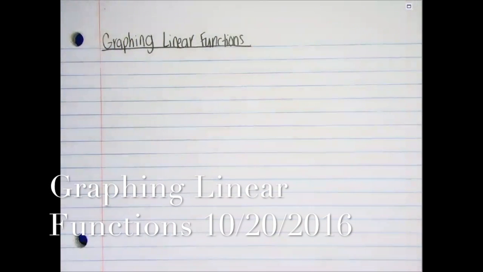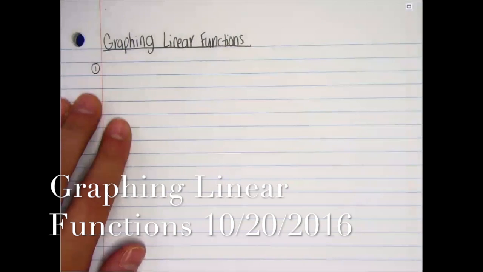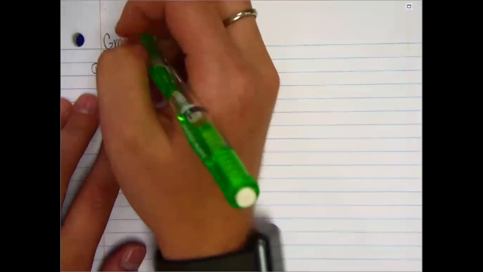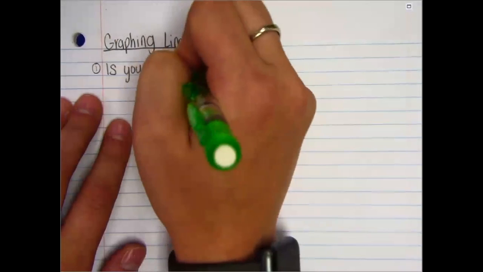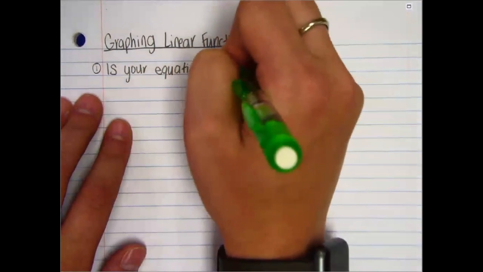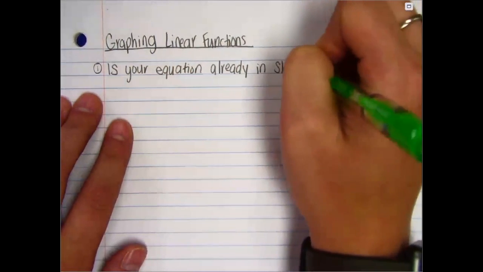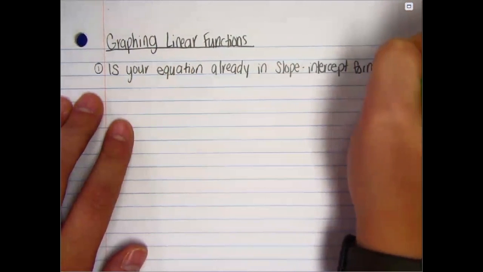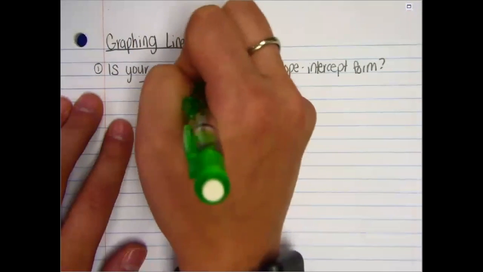When you're graphing linear functions, there are really three things that you need to pay attention to. The first thing you need to pay attention to is: is your equation already in slope-intercept form? If yes, you're good to go.